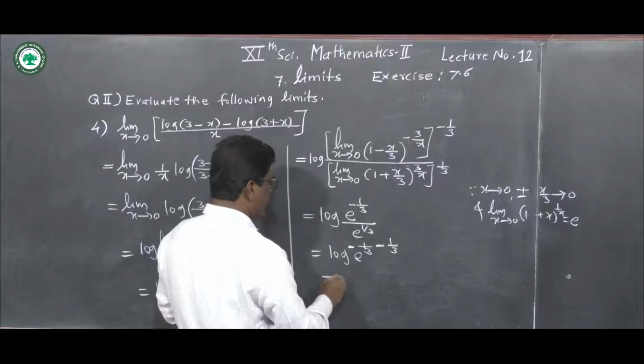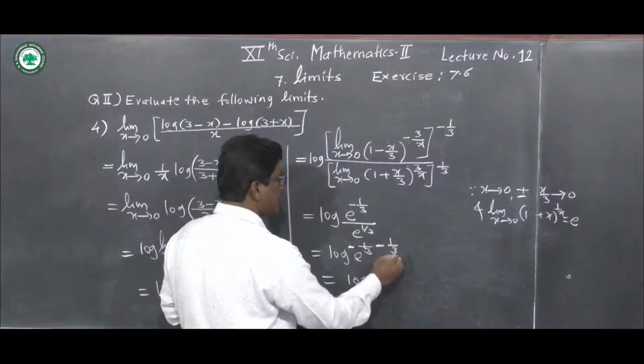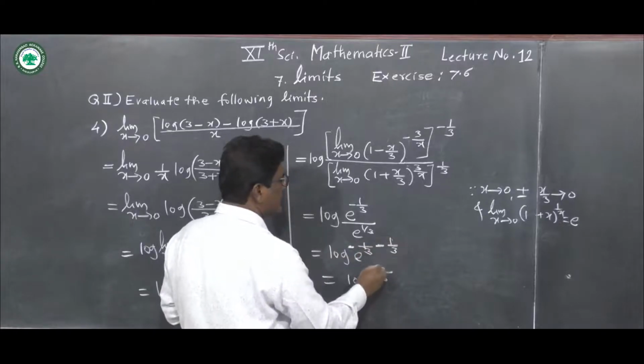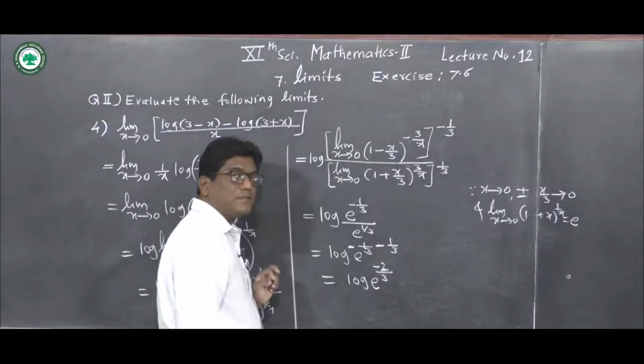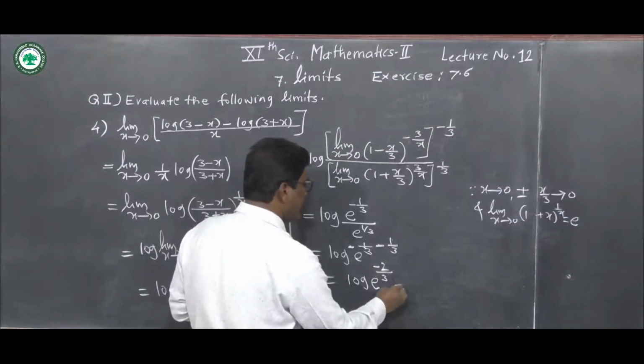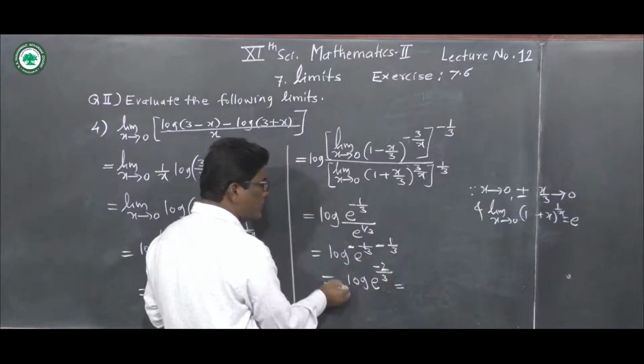Okay, so we get log of e to the power, here the denominator is 3, so write 3, and this minus 1 and minus 1, that is minus 2 upon 3. So log of e to the power minus 2 upon 3. Using the rules of logarithm, take this power minus 2 by 3 as a coefficient.